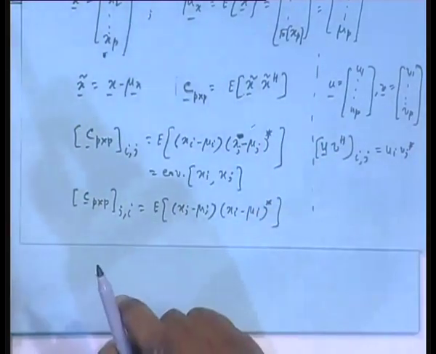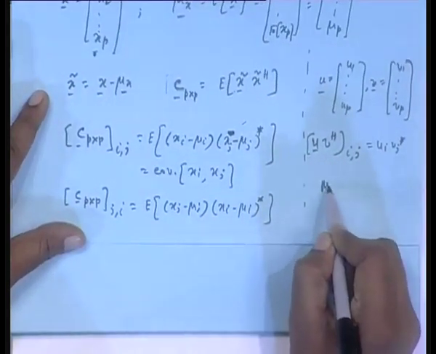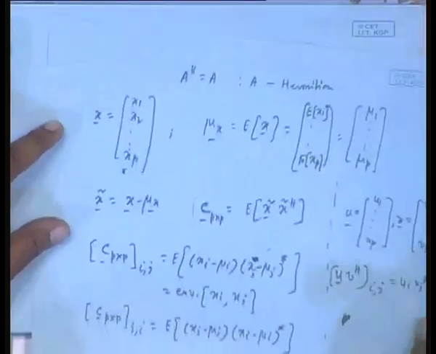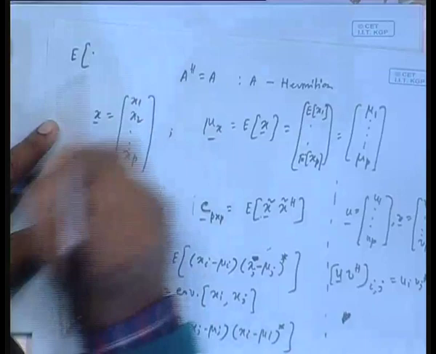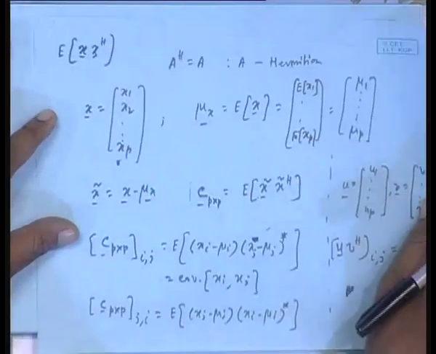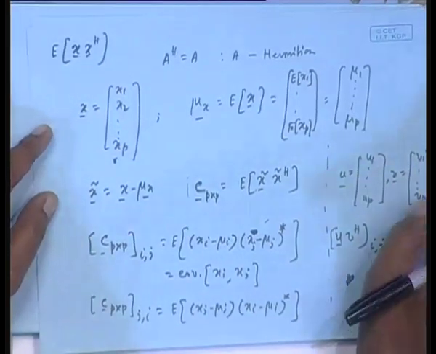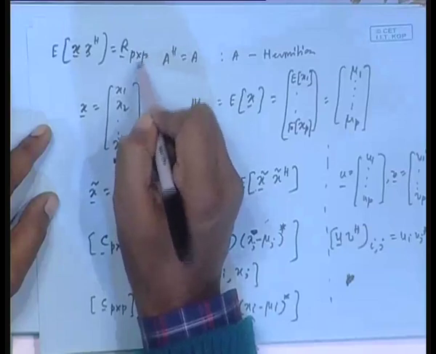Okay. And if you take only this vector, only x, with no subtraction of mu, then it is called the correlation matrix, or matrix P cross P, correlation matrix.